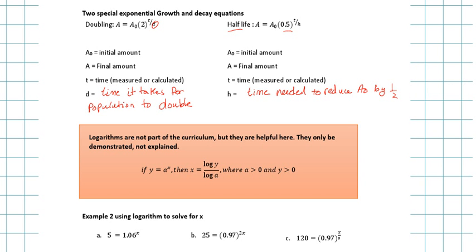So in the question, they either give you the doubling time or the half time, or you have to look for it. If you have to look for it, then they will give you everything else. They will give you t, A0, and A.